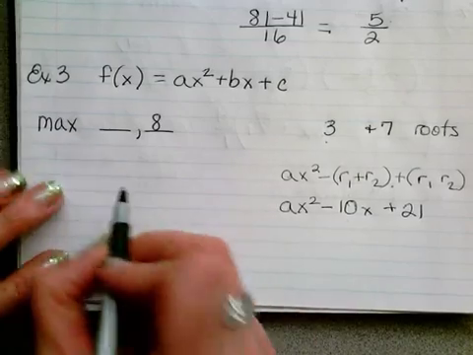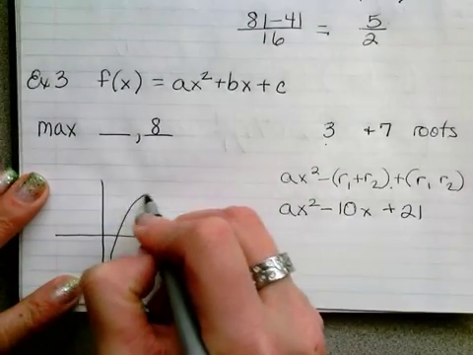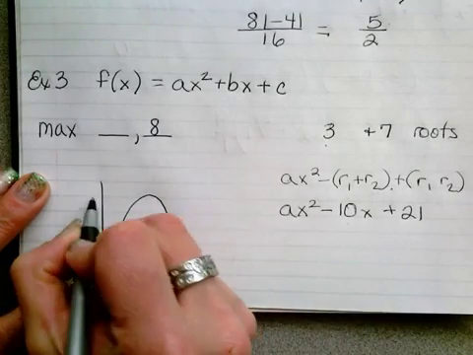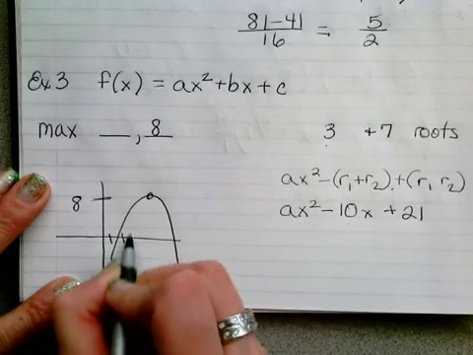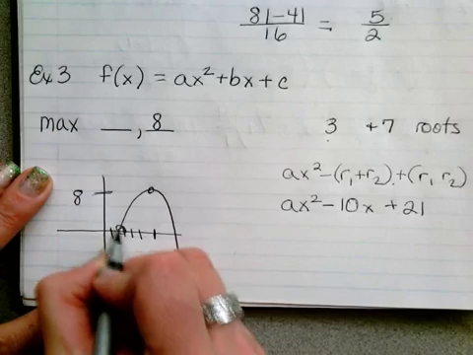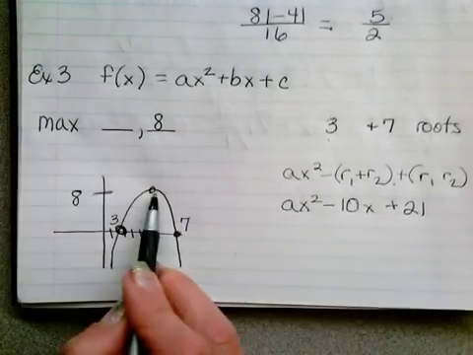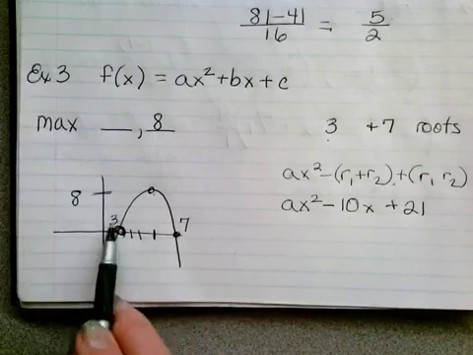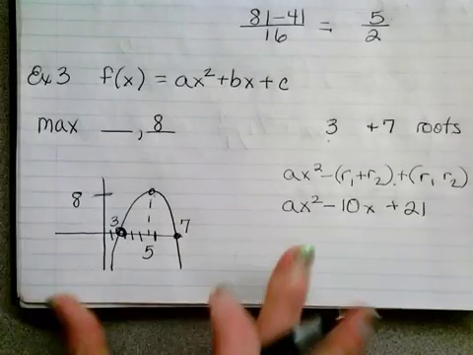First off, I'm going to draw the parabola real quick so that you can kind of see it. So if this location is 8, but we don't know what this location is, but I know this is a 3, forgive how I drew it, and this is a 7, then my vertex is halfway between the 3 and the 7, which would be a 5.